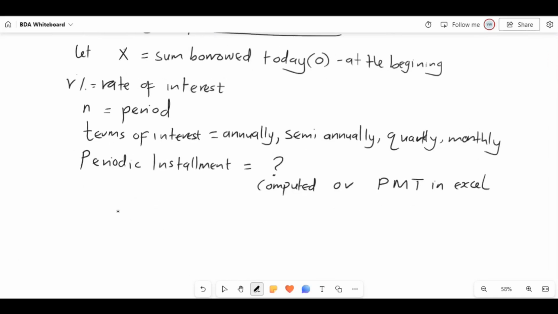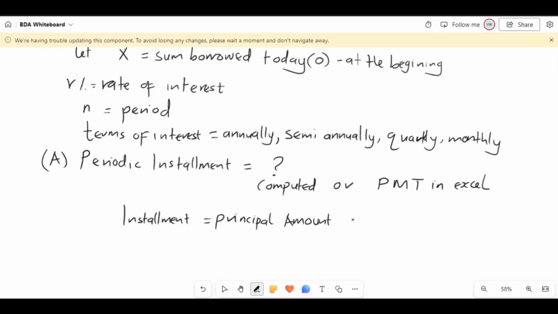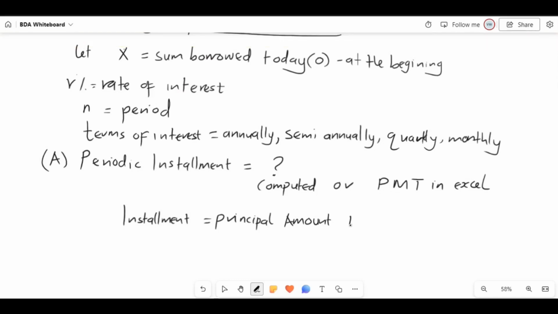We can call this periodic installment A. This is our unknown, and this installment is made up of both the principal amount together with the interest.